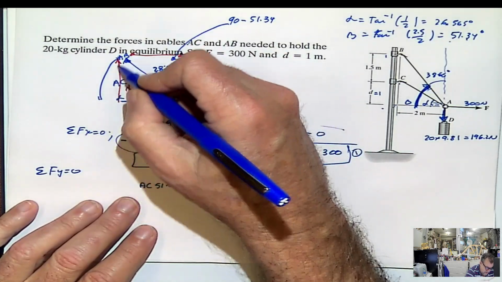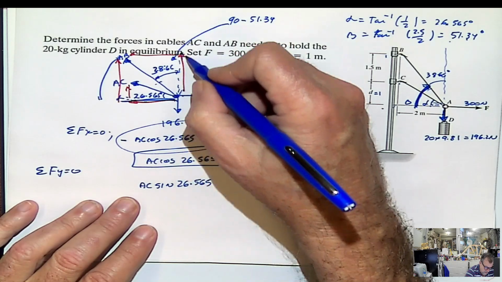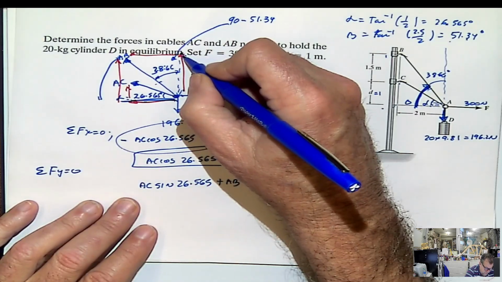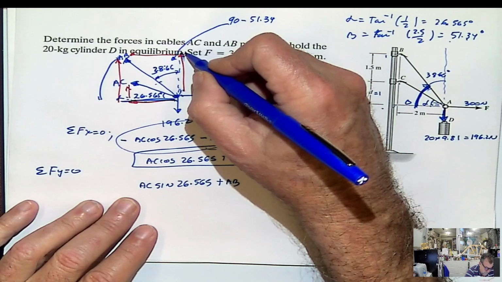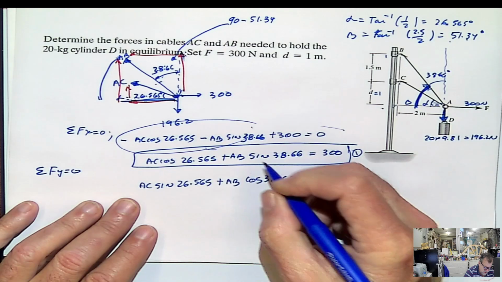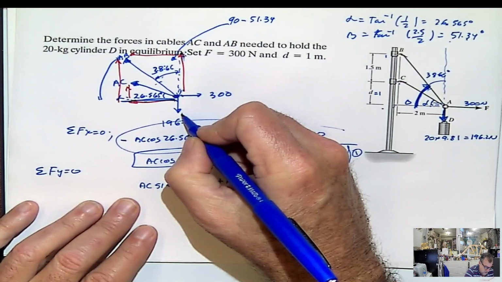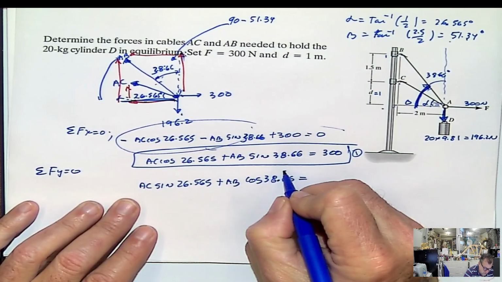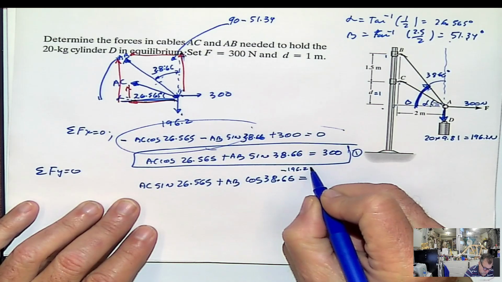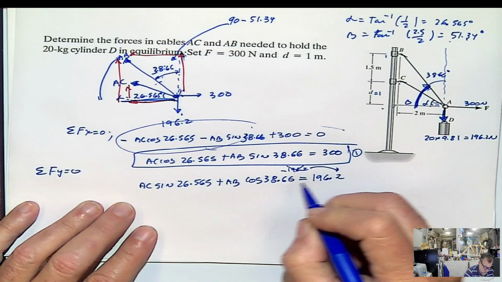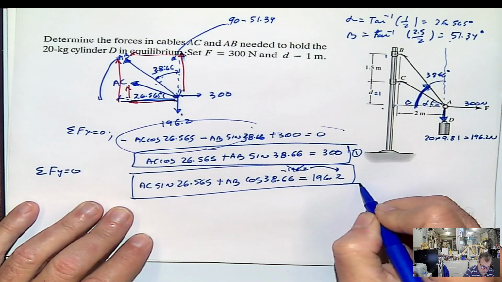This other one will be AB, positive as well, AB cosine of 38.66 minus 196.2, but I'm going to pass it to the other side. So remember here should be minus 196.2, but I'm going to pass it to this side as 196.2. And that will be my equation number 2.